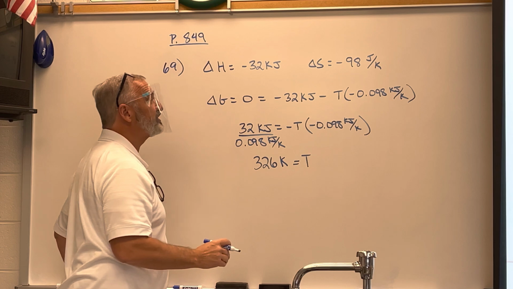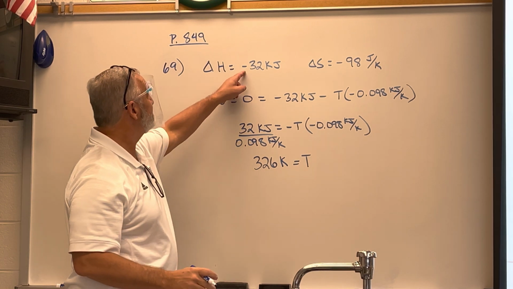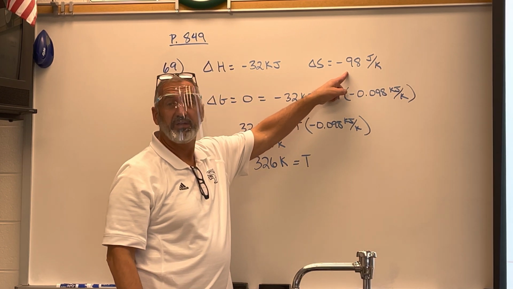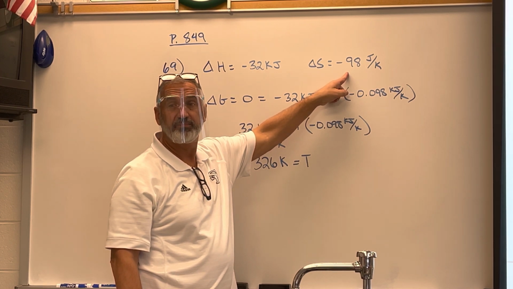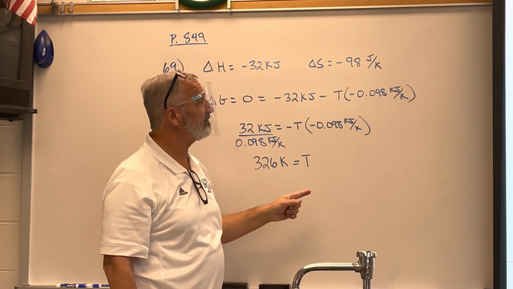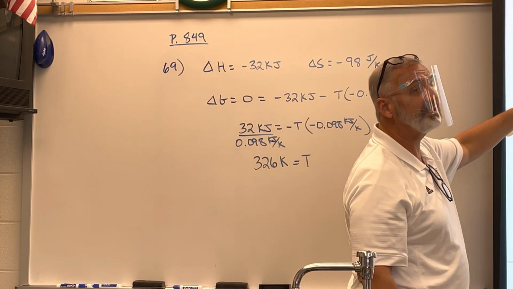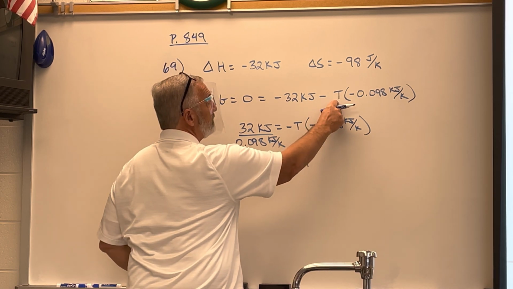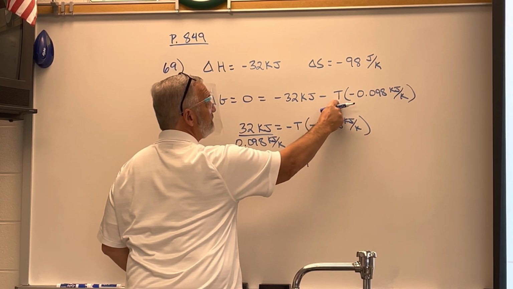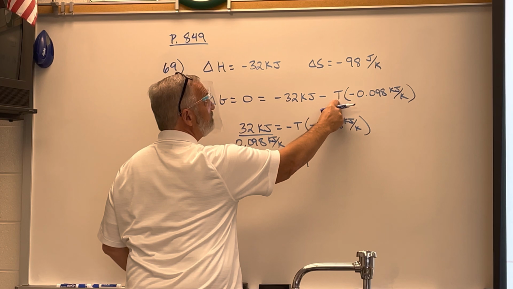So that's the temperature at which the reaction, now notice again, it's negative and negative. It's only spontaneous at low temperatures. So the next part says, if T is increased, what's that going to do to this term? Increase, make it bigger.